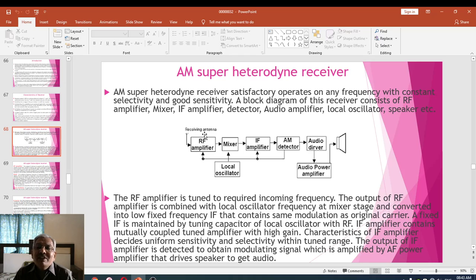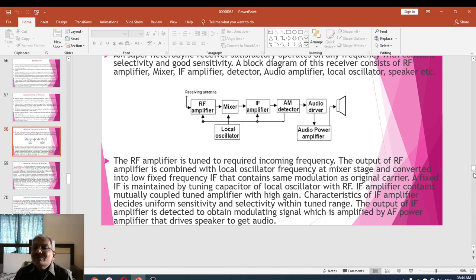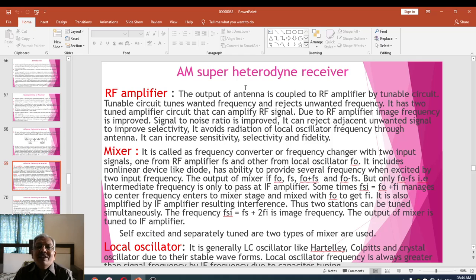Now we are going to see the block-wise distinction in detail. Let us study the RF amplifier. The output of the antenna is coupled to the RF amplifier by a tunable circuit. A tunable circuit makes use of a series resonance circuit and also a parallel resonance circuit.